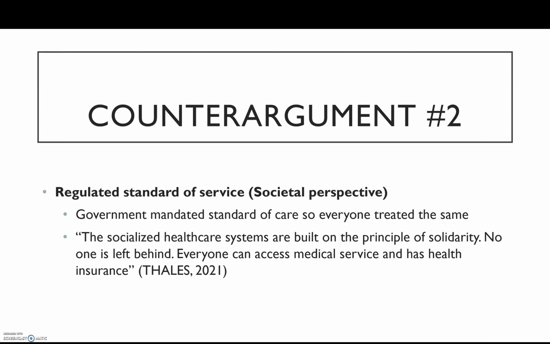No one is left behind. Everyone can access medical service and has health insurance. Yes, to go against this, everyone has access to medical service, but it's not as tailored to the individual. It's not as focused on everyone. It's treating everybody, but you're not looking at as great of plans.